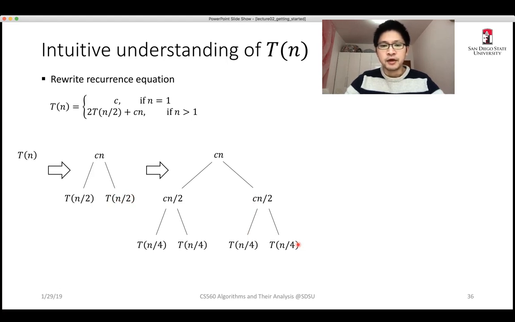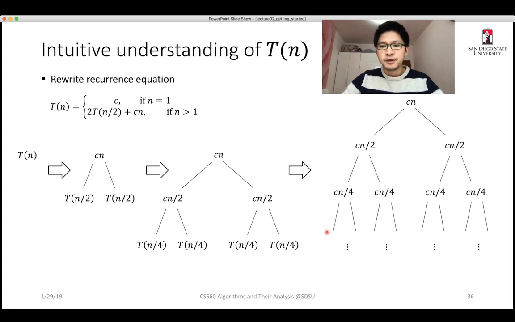Okay, so maybe you already have an understanding of what we will do. We'll further split the children nodes here, T of n over 4, by replacing T of n over 4 with a constant c times n divided by 4 with 2 more branches.